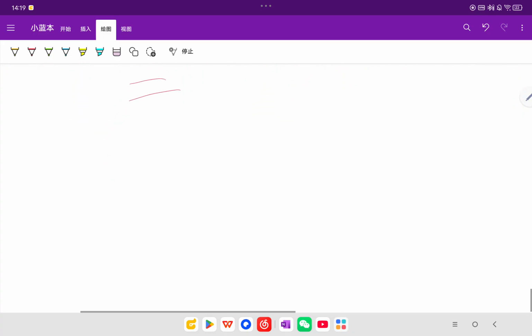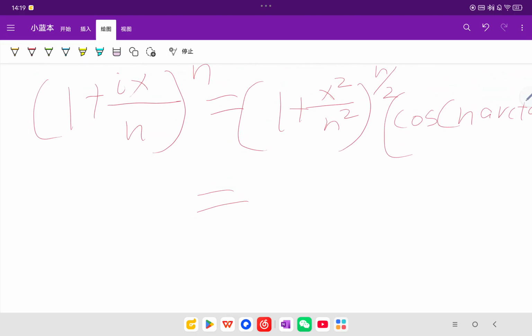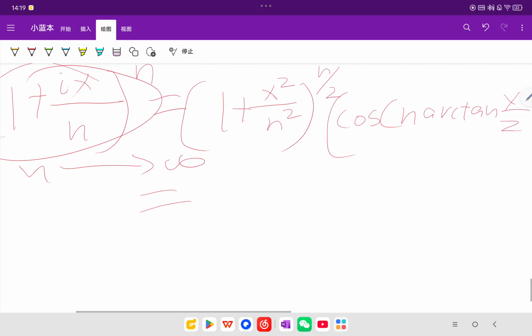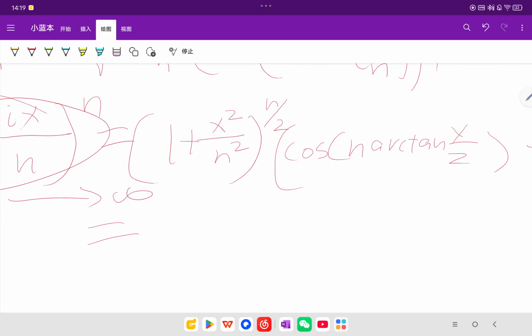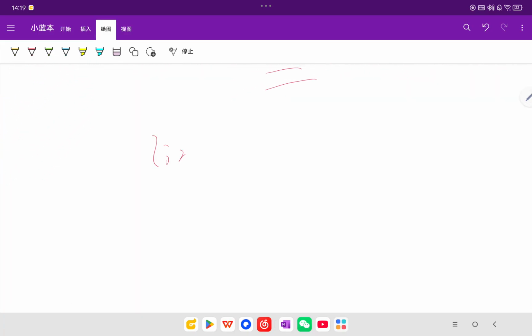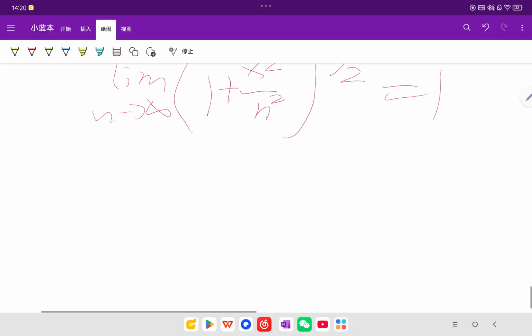So we now have, since we take n to infinity on the left side, and we also take n to infinity on the right side, we now realize that the limit as n goes to infinity of (1 plus x squared divided by n squared) to the n divided by 2 power equals 1.